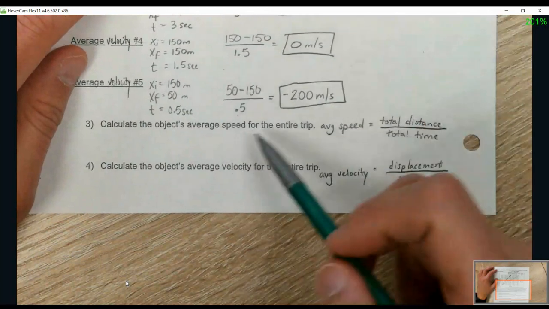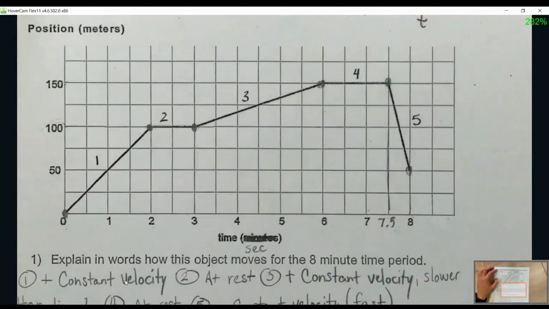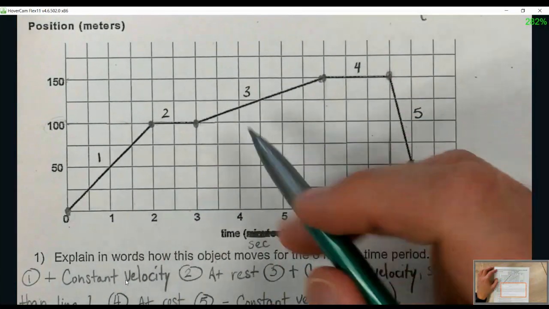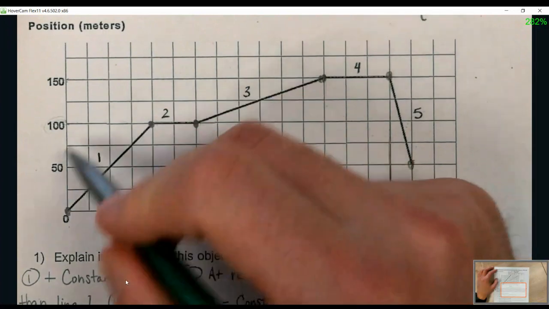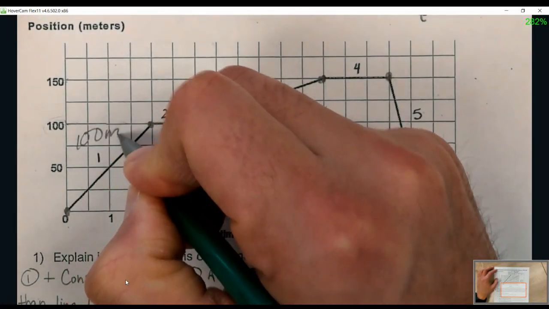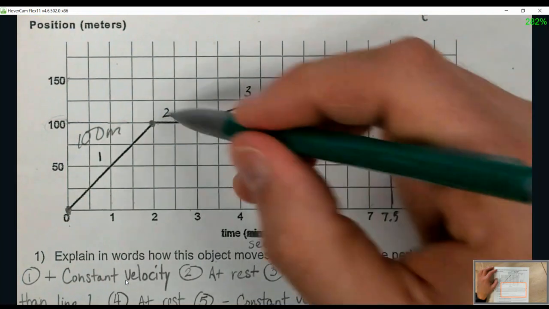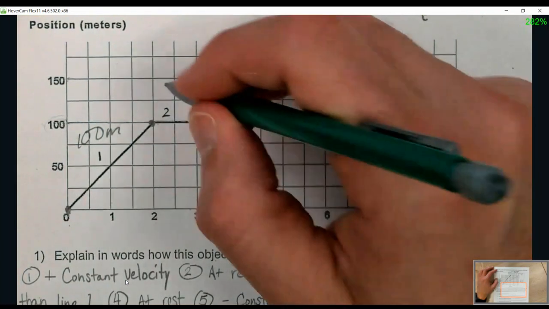All right, now for 3 and 4, they say calculate the average speed of the entire trip. They say total distance. So the way I like to do this is break it down by line segments. Line segment 1, you went from 0 to 100. How far did you actually move? I'm going to write 100 meters above line segment 1. Line segment 2, you were at 100, you stayed at 100. Did you move? No, 0.